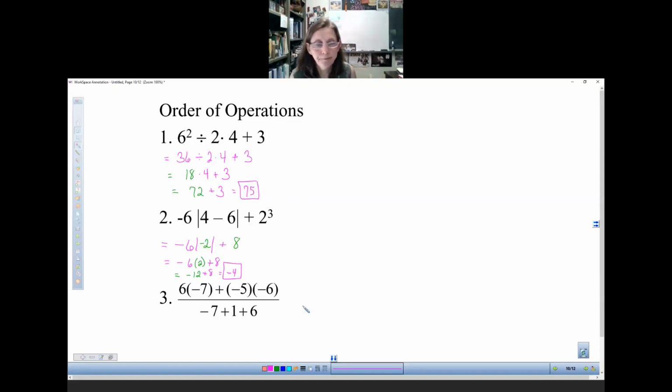All right. Last one on this page. So when you have a fraction that you're trying to simplify, one thing I will also tell you is pay attention to the directions when you do the homework.